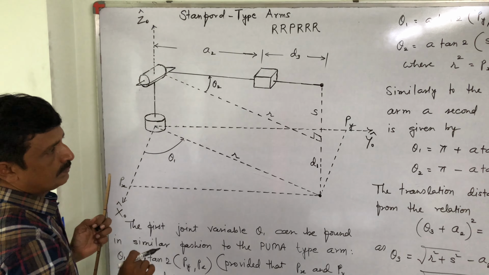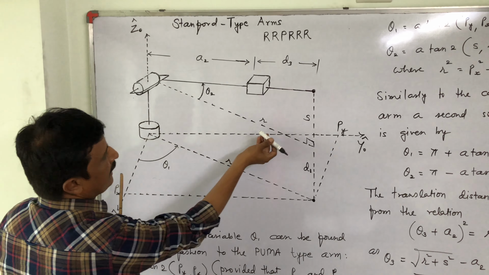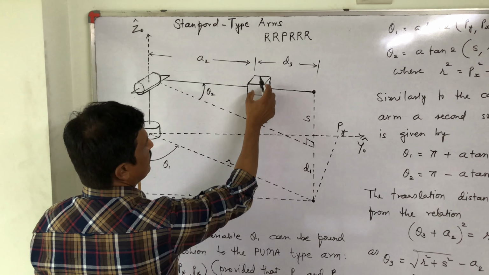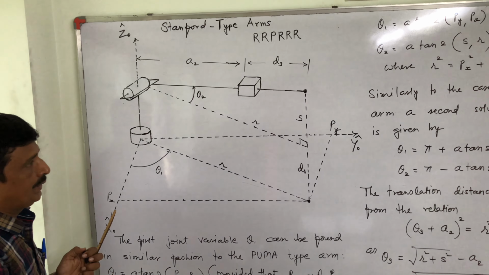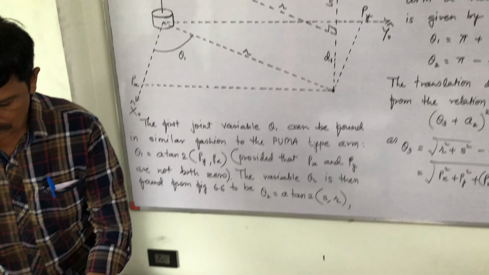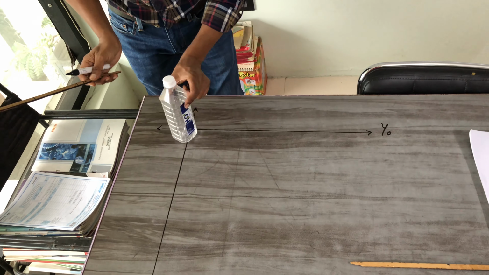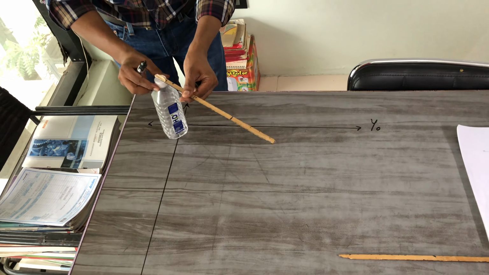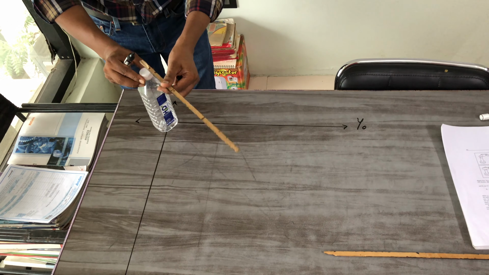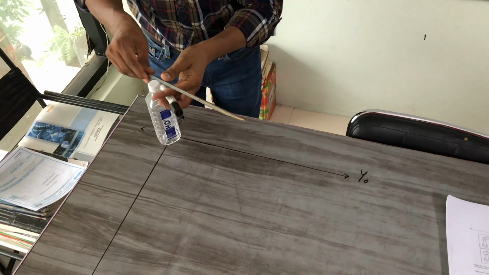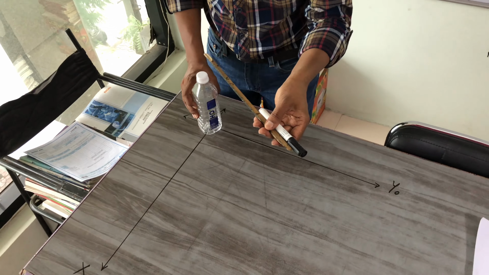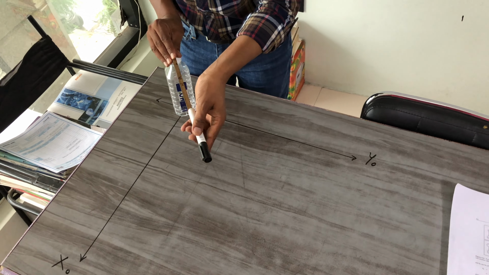And then after, if the actual point is this, here is the prismatic joint. Initially this one is a revolute joint, then this one is also revolute, and this one is prismatic.